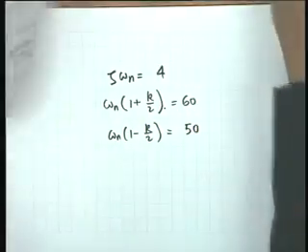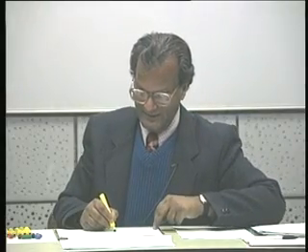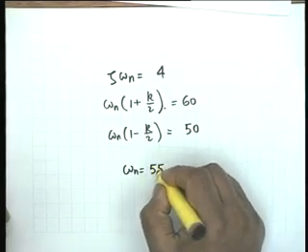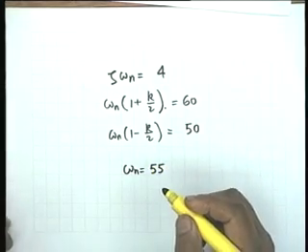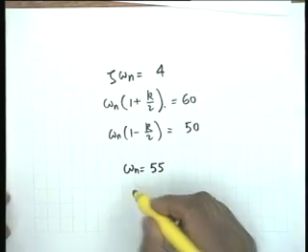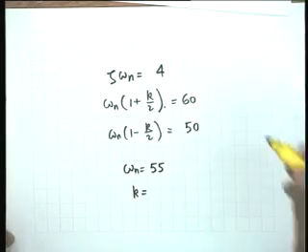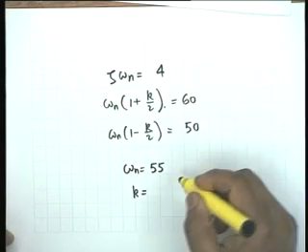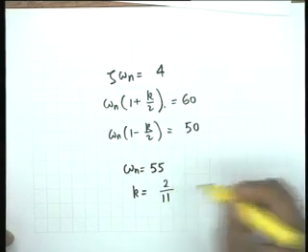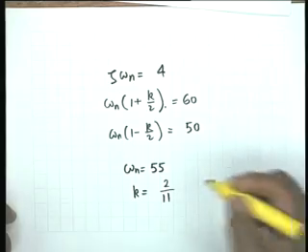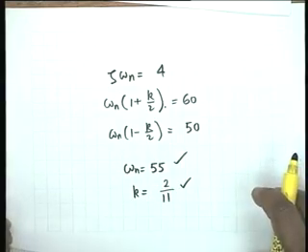Therefore omega n is equal to 55 radians per second. By substituting this, you can get the value of k as 10 by 55, that is 2 by 11. Agreed? That is correct. Omega n and k.